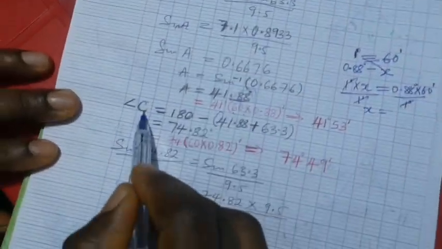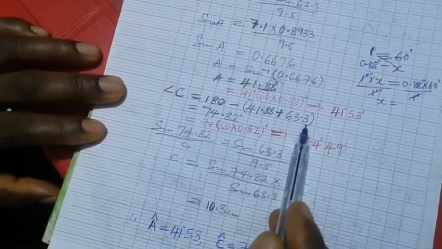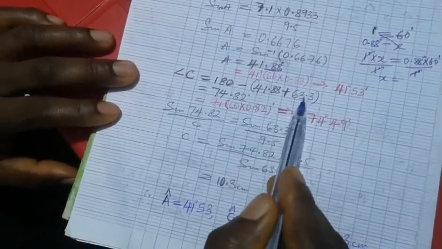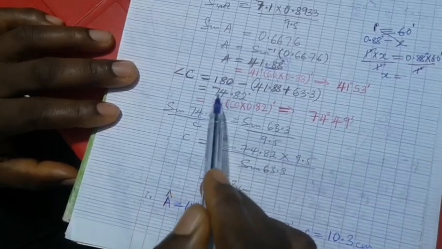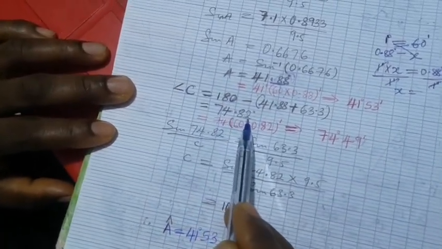So angle at C is equal to 180 degrees minus the sum of these two angles, okay? That is what we have here. So if you sum this and take it away from 180 degrees, it will now give you 74.82 degrees, okay?